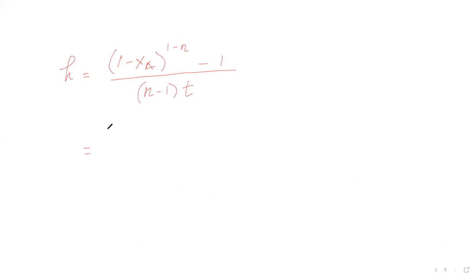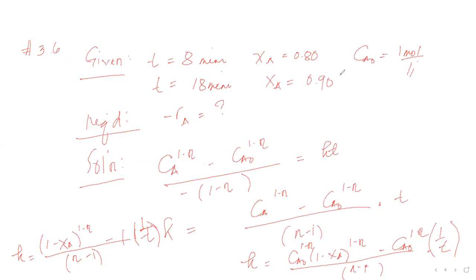So we'll have here (1 − 0.8) raised to (1 − n) minus 1 over (n − 1) times 8 minutes. Is that right? 0.8 for 8 minutes. Right. So 0.9, that would be 18.